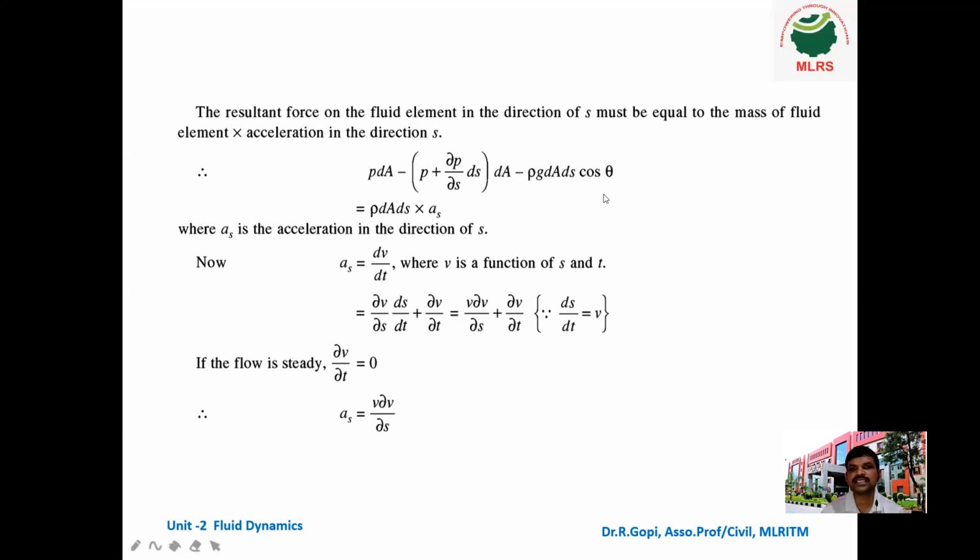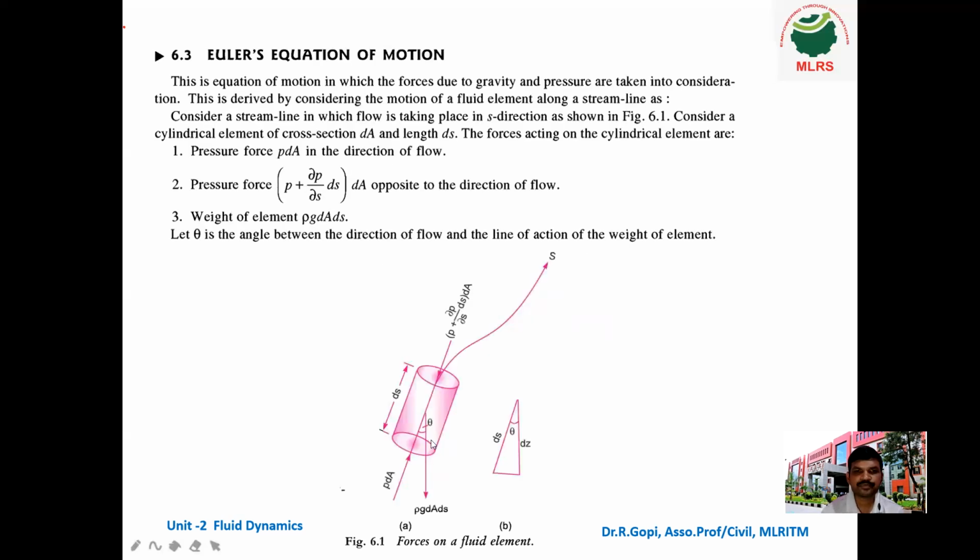What is this cos theta? You can see this is pure vertical. This weight is to be calculated along the pressure force. This is the adjacent side and this is the hypotenuse.